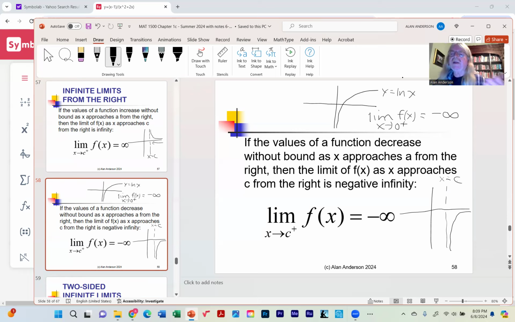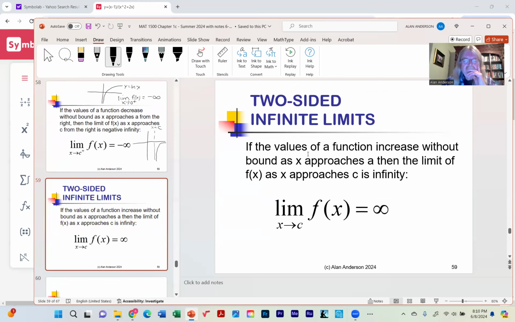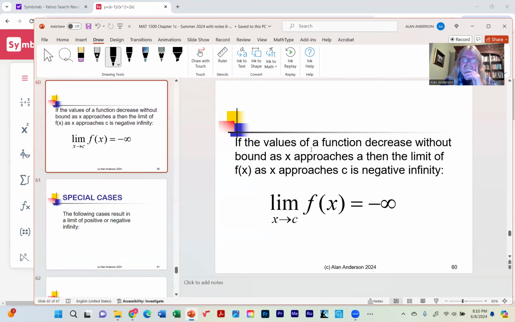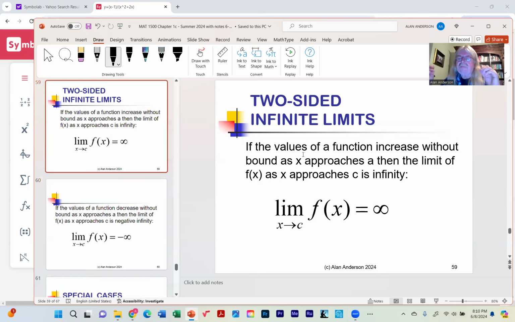So that would be an example of this. And of course, we can have two-sided limits where, as x approaches C from either side, the function converges either to positive or negative infinity. You could have something like this.